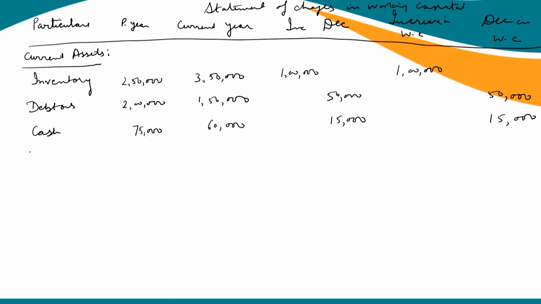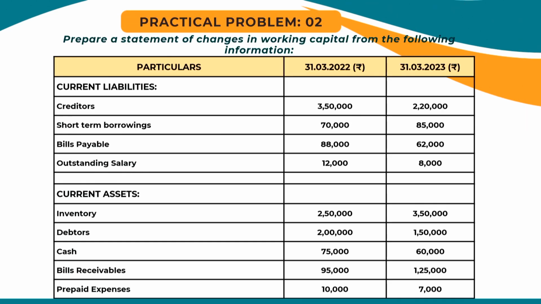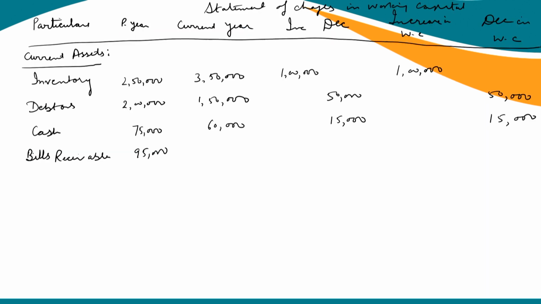And next asset is bills receivable, 95,000 in the last year as mentioned here, and now it is 1,25,000, showing an increase of 30,000. Increase means we put it in the increase in working capital 30,000.